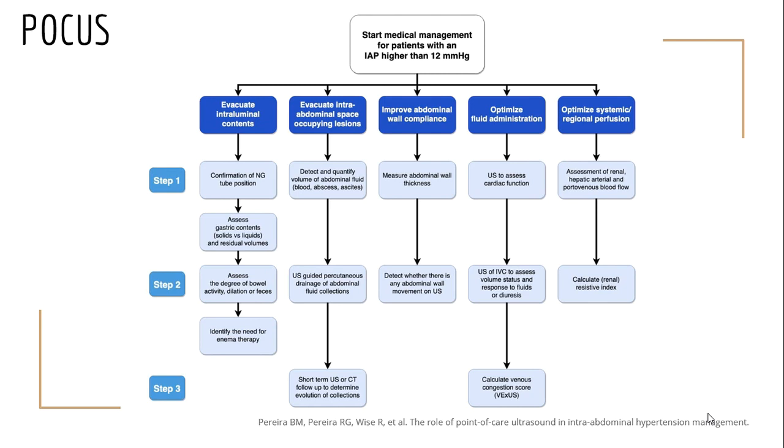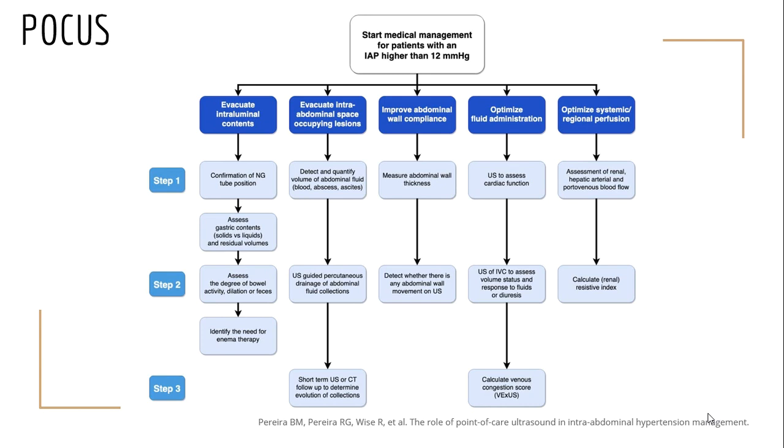Step 1: by doing ultrasound, we can confirm the nasogastric tube position, assess any gastric contents, detect or quantify volume of abdominal fluid, measure abdominal wall thickness, assess any cardiac dysfunction, and assess renal, hepatic, and portovenous blood flow.